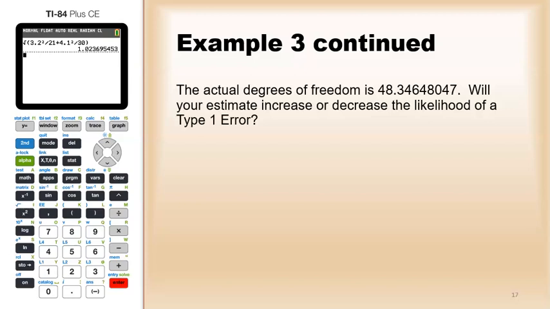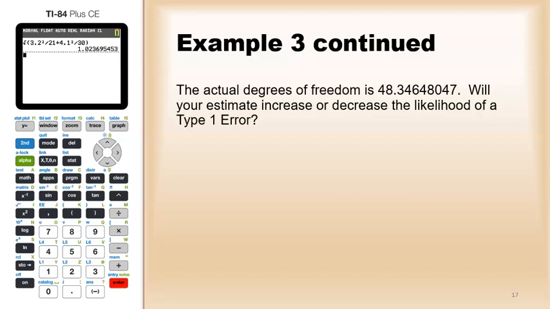And is that going to increase or decrease the likelihood of a type 1 error? Well, recall, type 1 errors occur when the null hypothesis is true, but we reject it. And you only reject when you have enough evidence to reject. So our estimate was 20. The actual is 48.